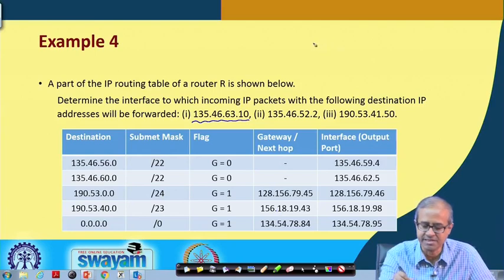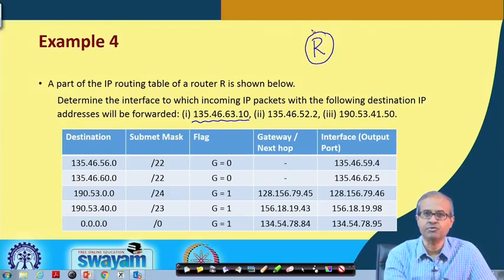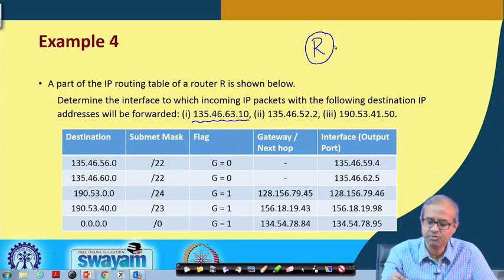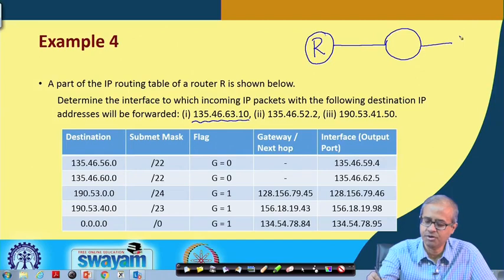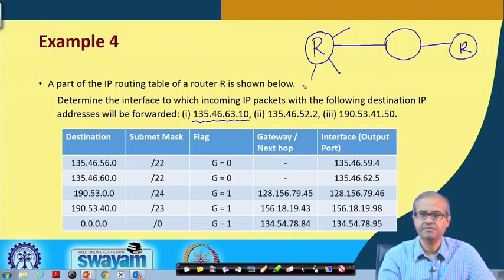This means something like this. Suppose I am considering the routing table of this particular router. This router may be connected to some other network, that network may be having some other router, there may be multiple outgoing links.